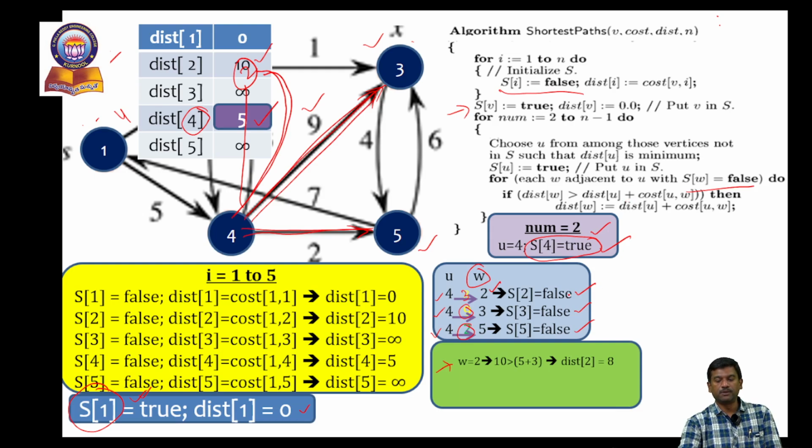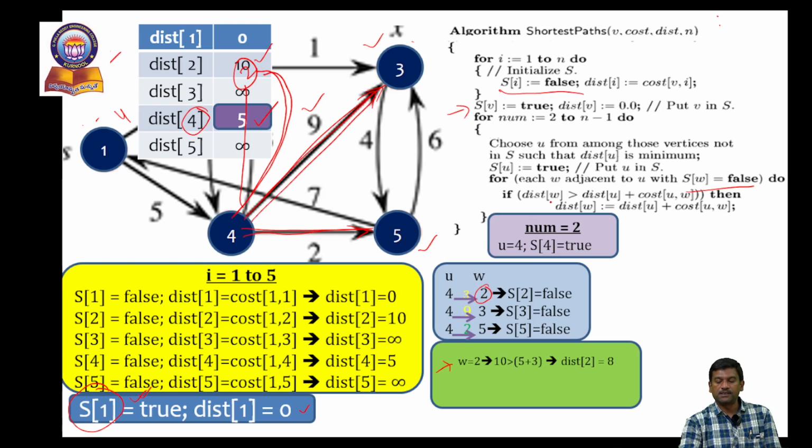So what is this w that we have considered? The w that we have considered so far is 2, the first w of your u. So take the value w equal to 2 and check whether distance of w is greater than distance of u plus cost of u comma w is a true condition or not.